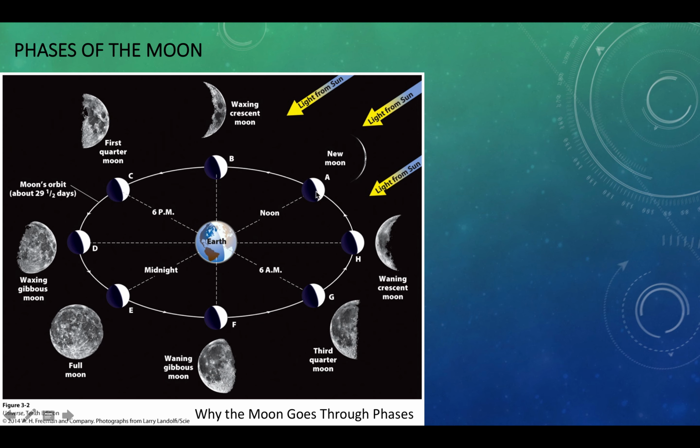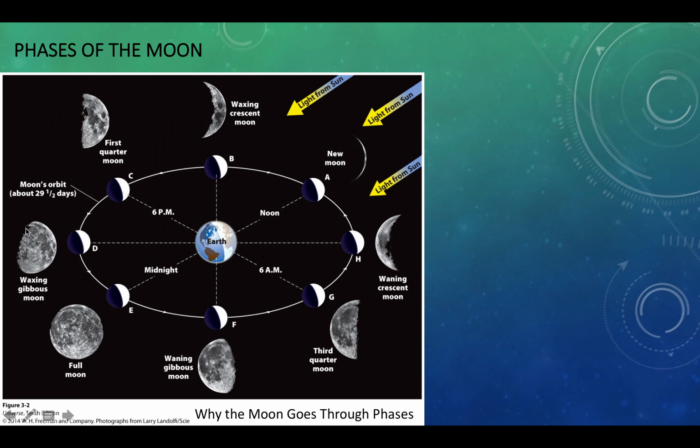Now, if you wait a few more days, the moon will be moving around the Earth, and it's gonna reach this point. When it gets to this point, go back to Earth. If you look upwards, you're gonna be able to see this lit part of the moon. So the moon will be something like this. Wait a few more days, the moon will move to point C. Someone on Earth will look at the moon, and will be able to see an even larger part of the moon.